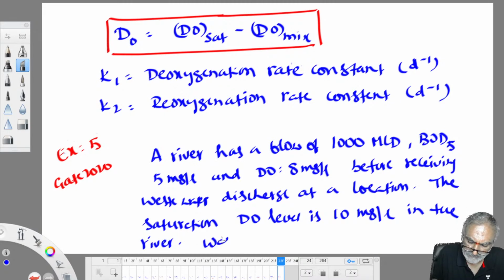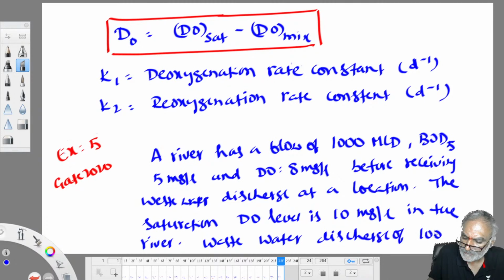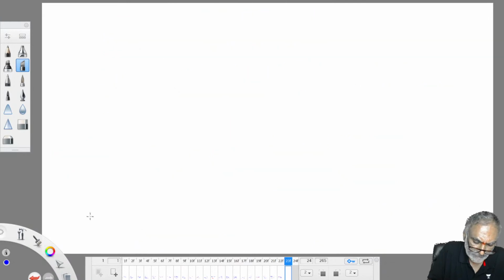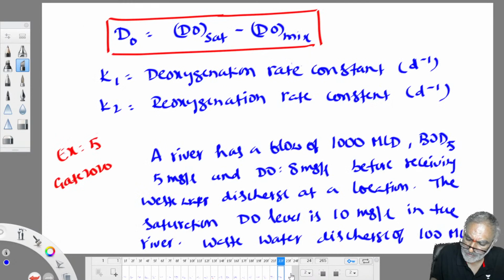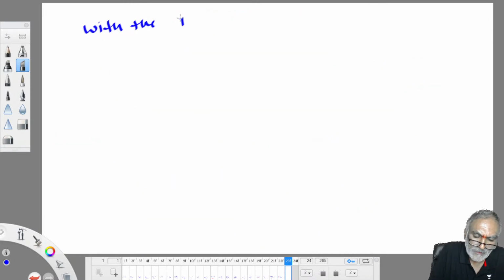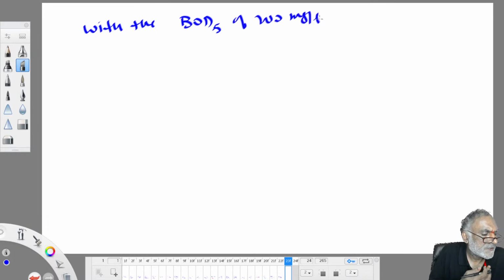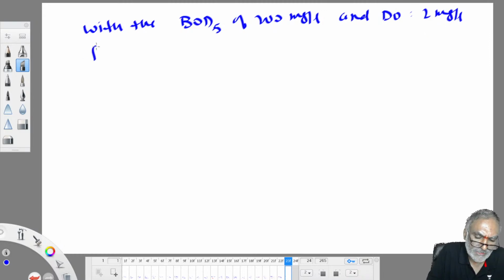Wastewater discharge of 100 MLD with the BOD 5 of 200 milligram per liter and DO level of 2 milligram per liter falls at that location, meaning discharge at that location.